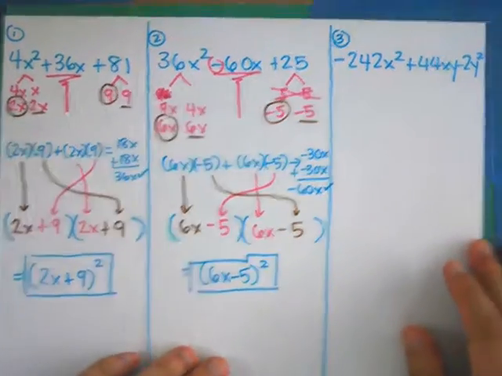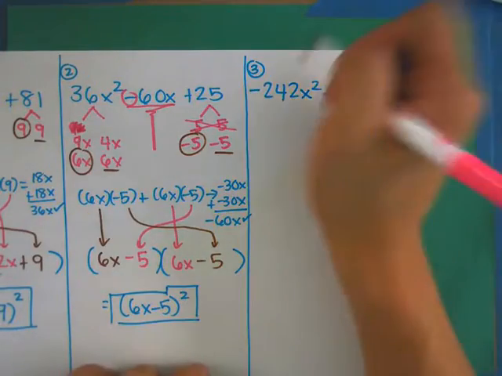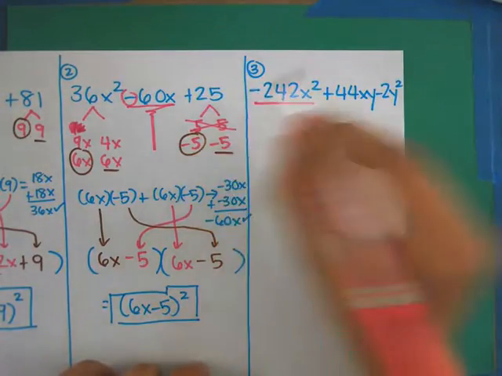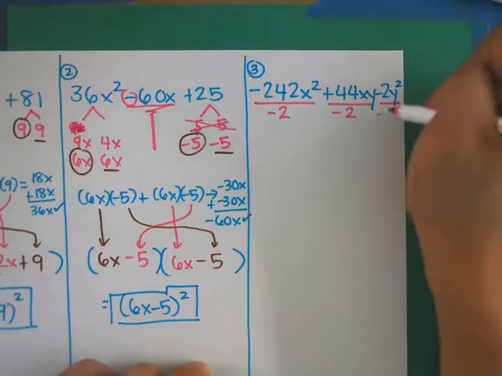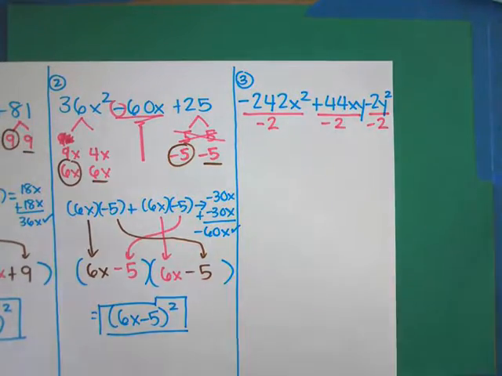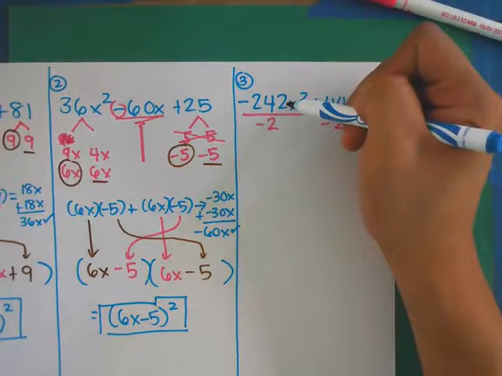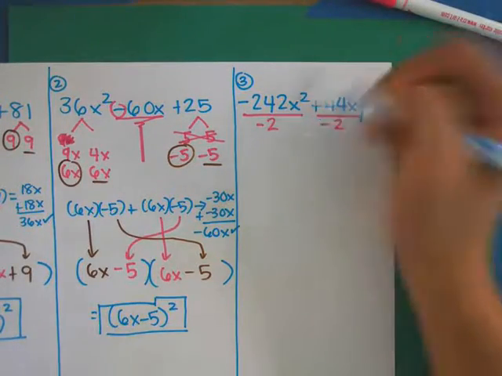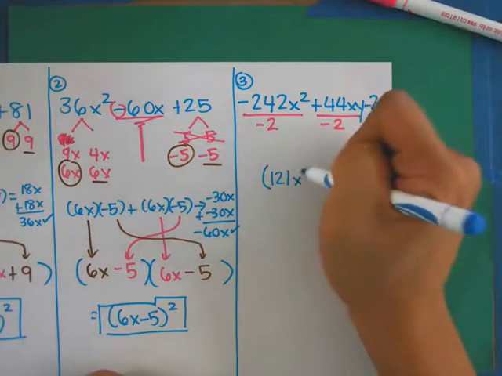Okay, alright, number 3, is there a GCF? And actually the answer is yes. Because there's a negative up front, we're going to factor out a negative 2 and extract that from those 3 terms of the trinomial. And so when we go negative 242 divided by negative 2, that's going to give us a positive 121x squared.